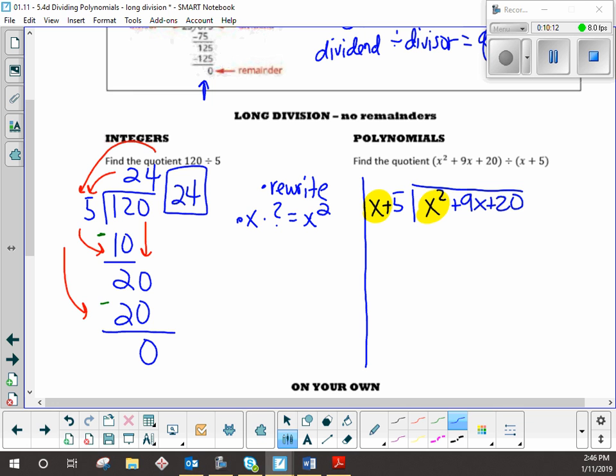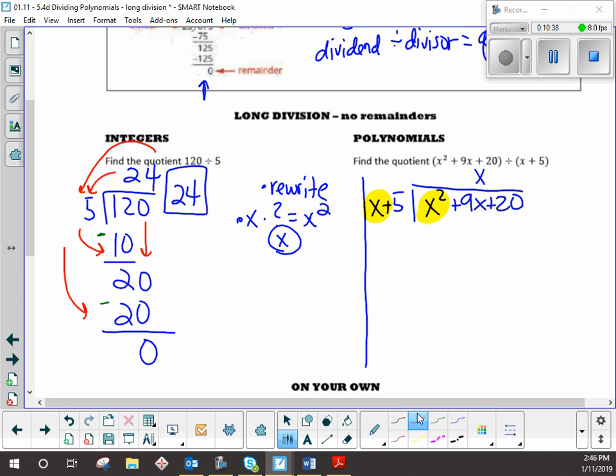But remember, when I put 2 on top here, I lined it up over that 2 on purpose, right? Over here, my question is x times what gives me x squared? My answer to that question is x. So I'm going to line that x up over this x. All right? You're going to line up like terms. And then I put it over that 9x.